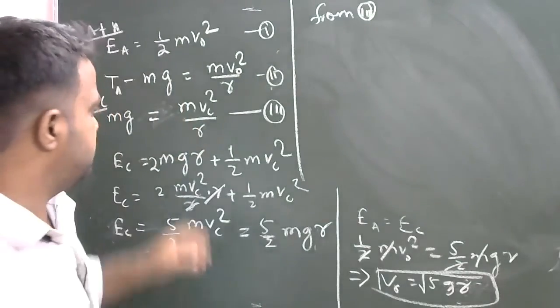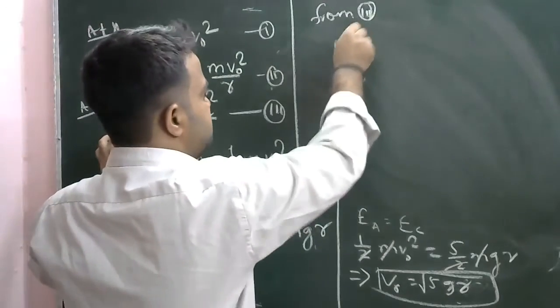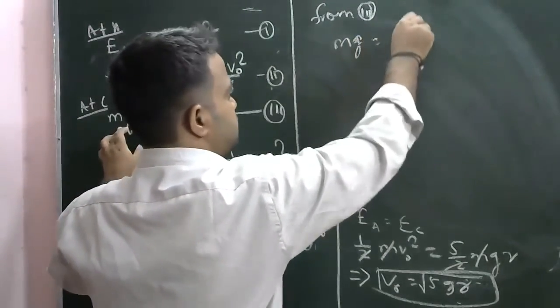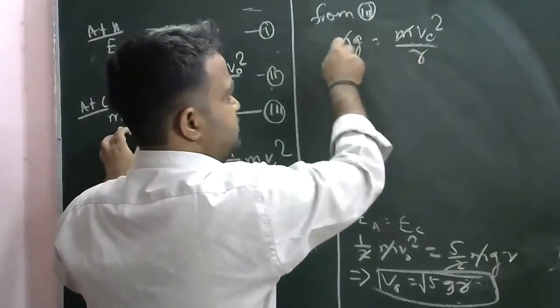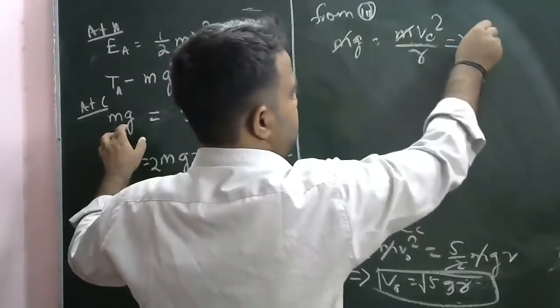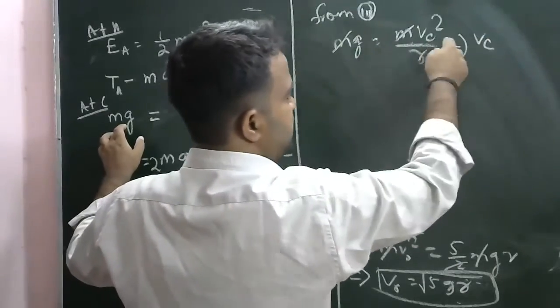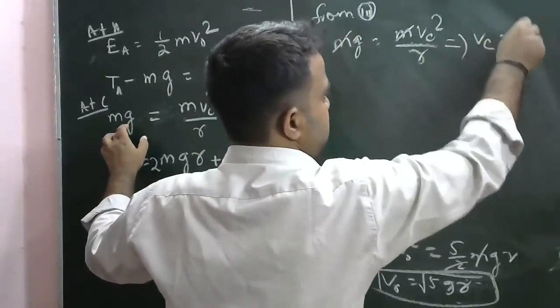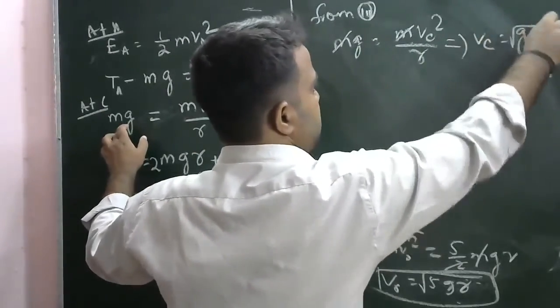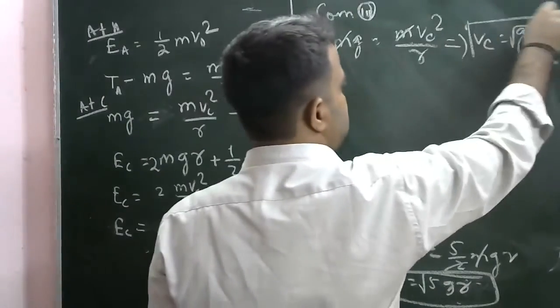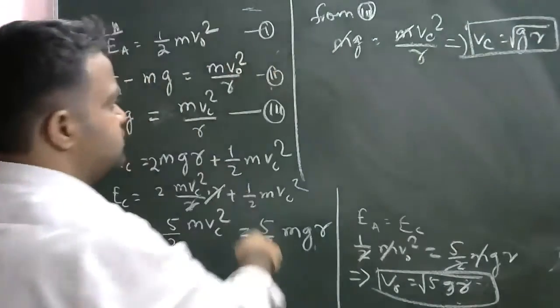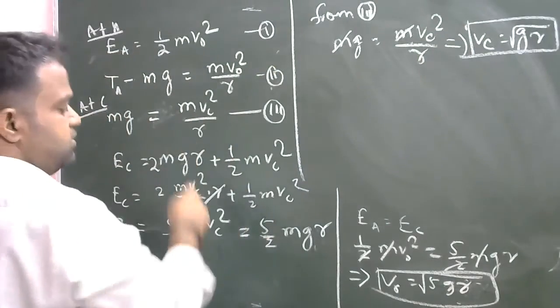From 3, we can write that mg is equal to mvc square upon r, m cancelled, so vc is equal to root of gr.